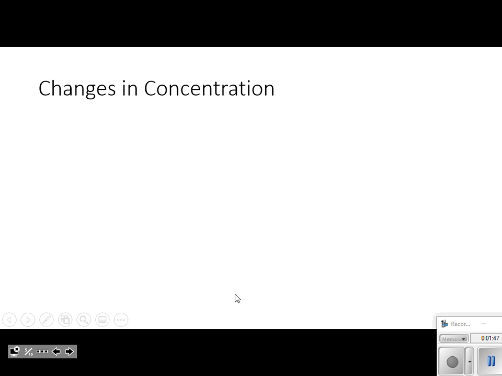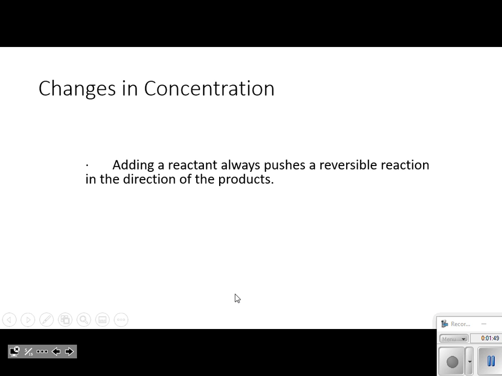Changes in concentration. He said that adding a reactant will always push a reversible reaction in the direction of the products. Now, how I think of this, folks, when I'm doing these, is I think that I have a teeter-totter. So, I'm going to draw a nice little teeter-totter here.